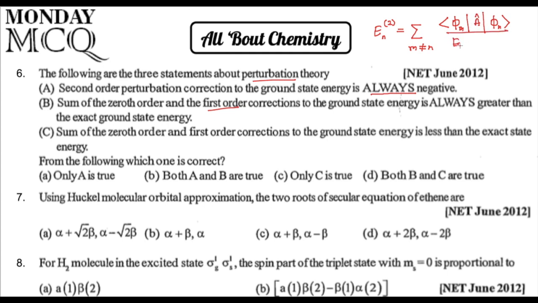And then you have En naught minus Em naught. So that means over here, you know that generally your Em naught is actually greater than your En naught.